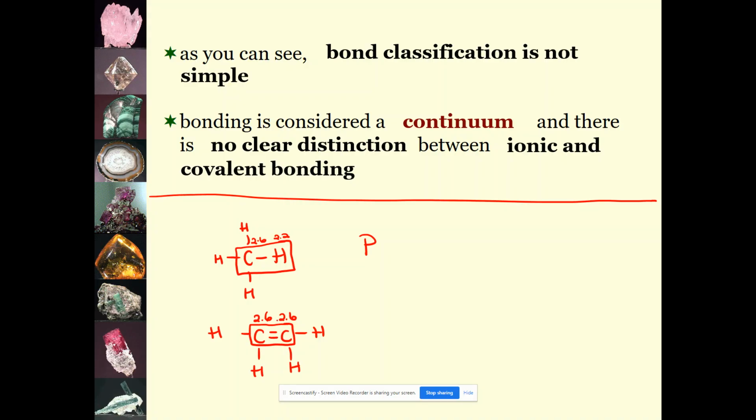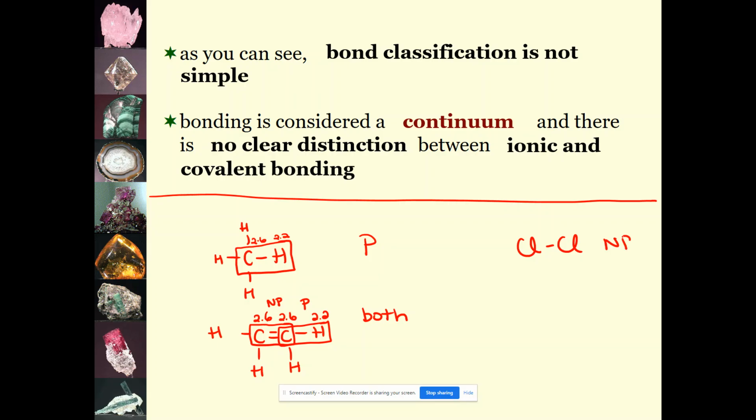So the bonds between the C are nonpolar, but the bond from the C to the H's, because the H's are 2.2, are polar. So you're going to say that then they have both polar and nonpolar bonds within the molecule. Okay, so you're looking at the bonds within the molecule. Are the bonds polar, nonpolar, or both? Okay, those are your three options.